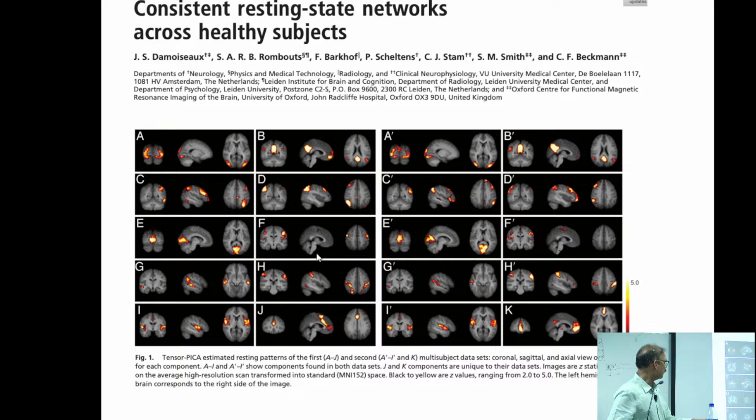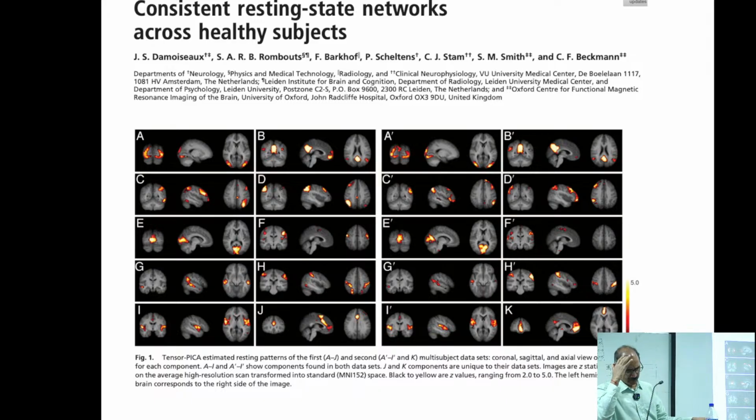Right, this one, or this one. H looks like that. So by using this, one can identify these networks.